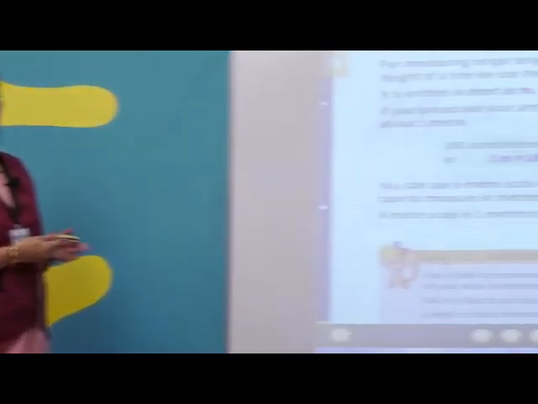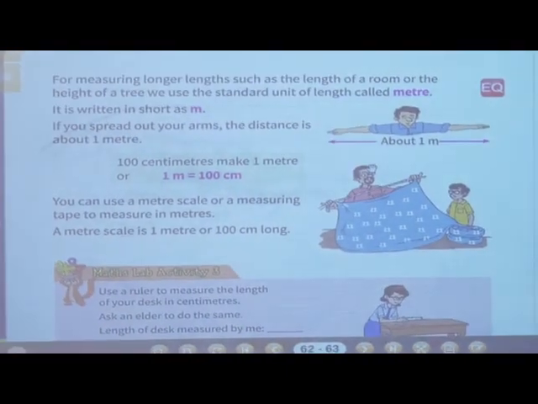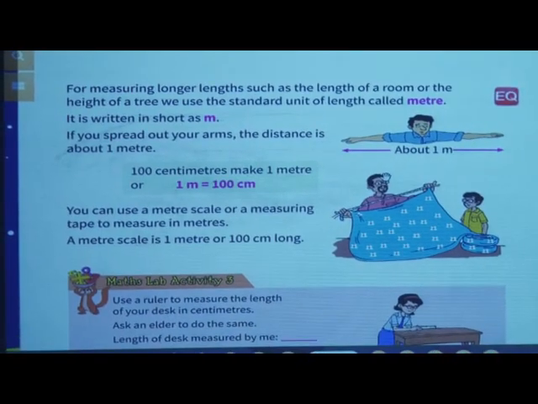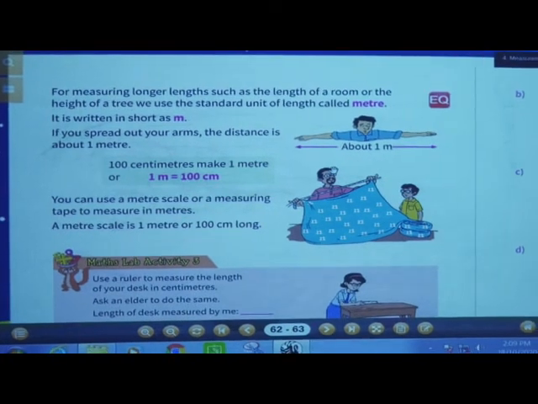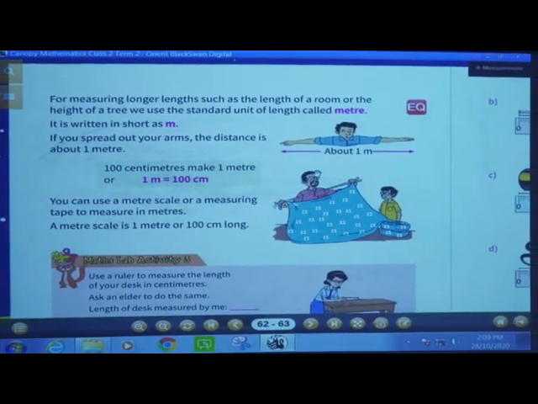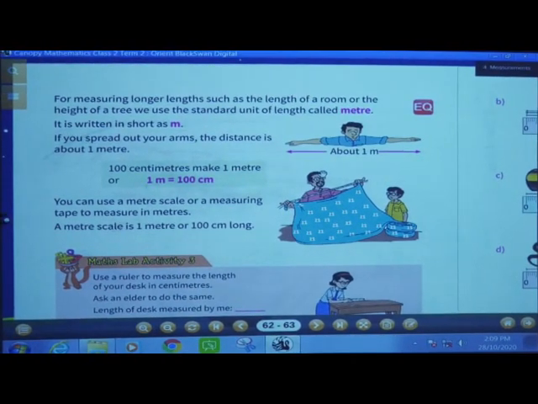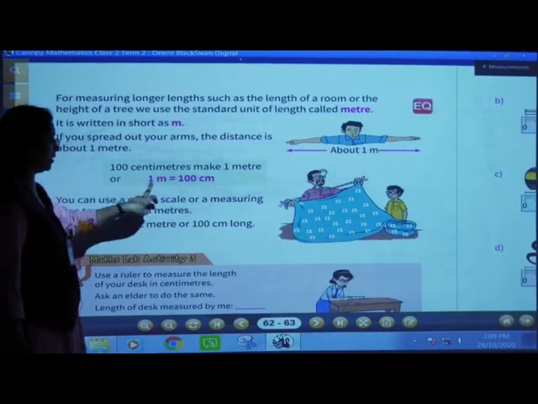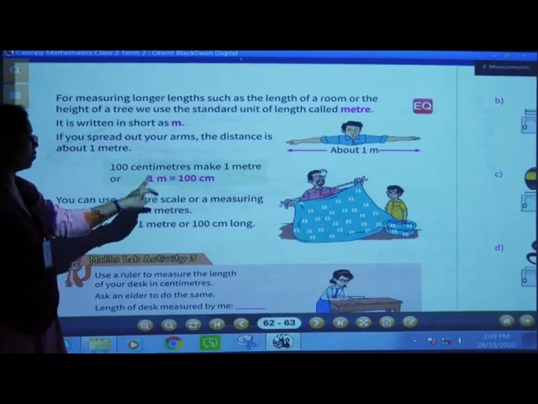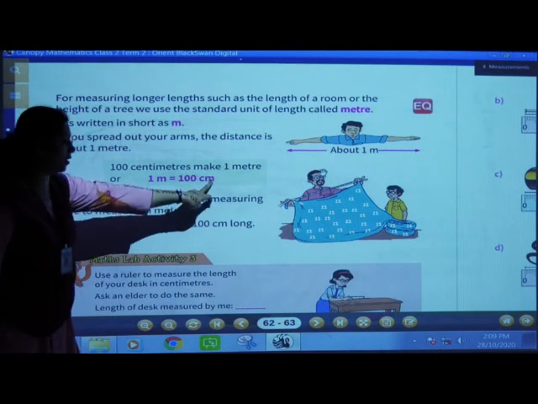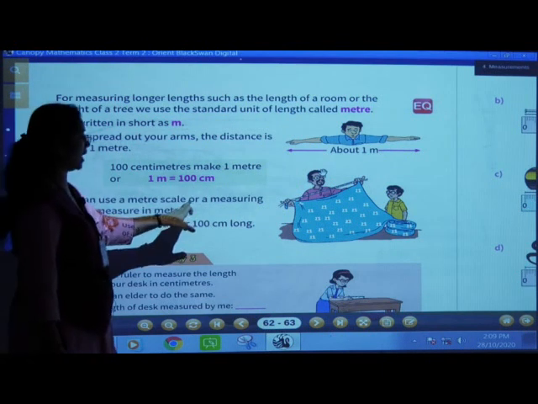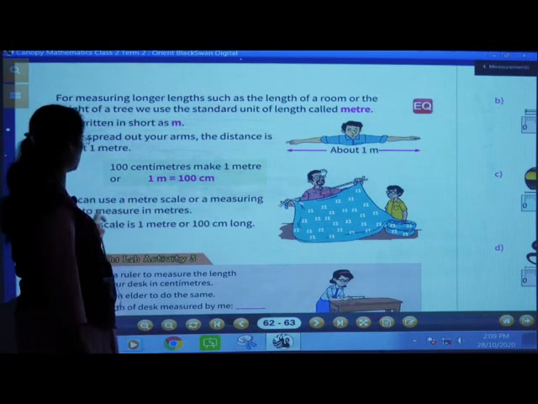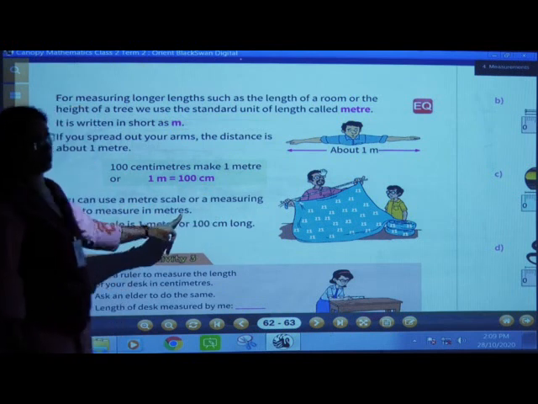Now, 100 centimeters make 1 meter, or 1 meter is equal to 100 centimeter. We can use a meter scale or a measuring tape to measure in meters.